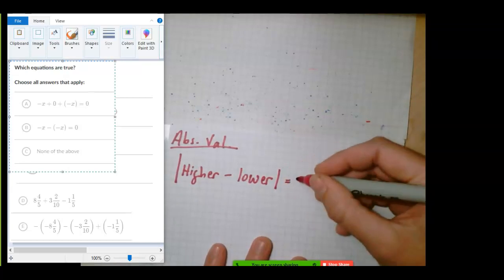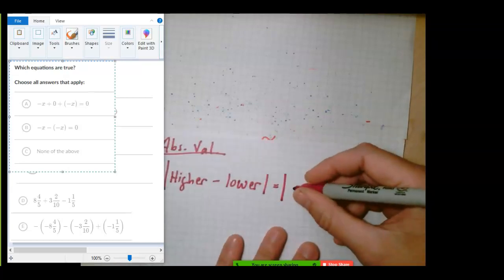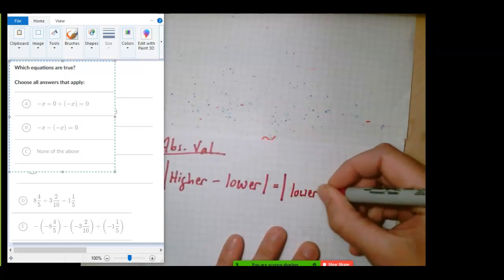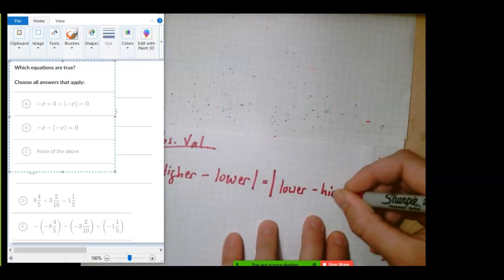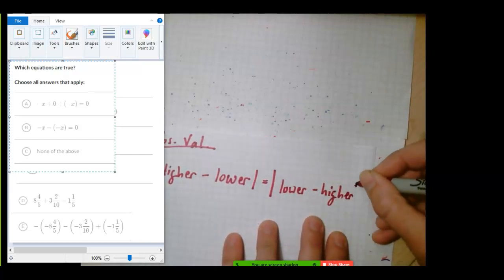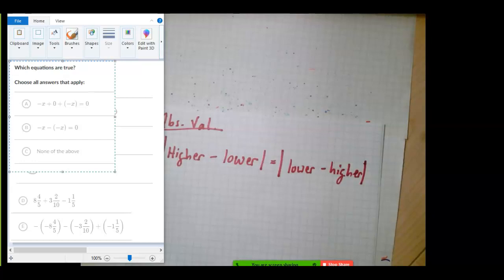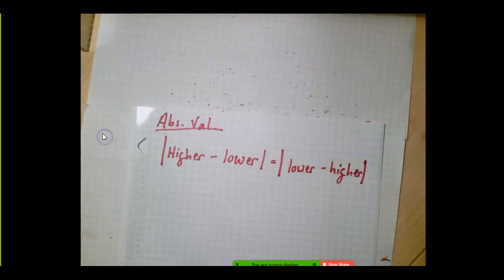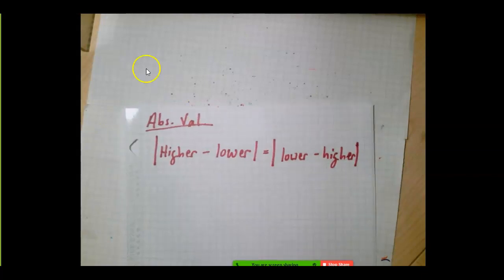Remember, higher minus lower can also be flipped around, and it can be lower minus the higher. So while we would like it to be higher minus lower, it isn't necessarily going to be higher minus lower.